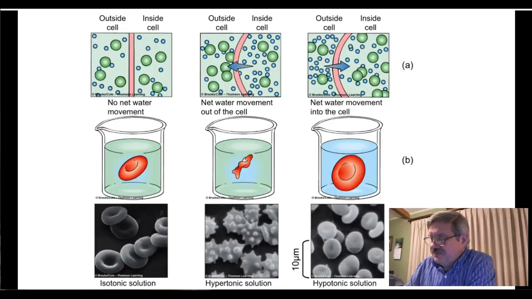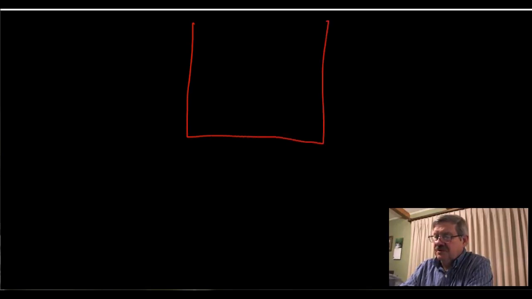Now then, I'm going to look at a diagram here. Okay, so this is a beaker, and we've got a solution in there, and there is a hunk of tissue or a giant cell.